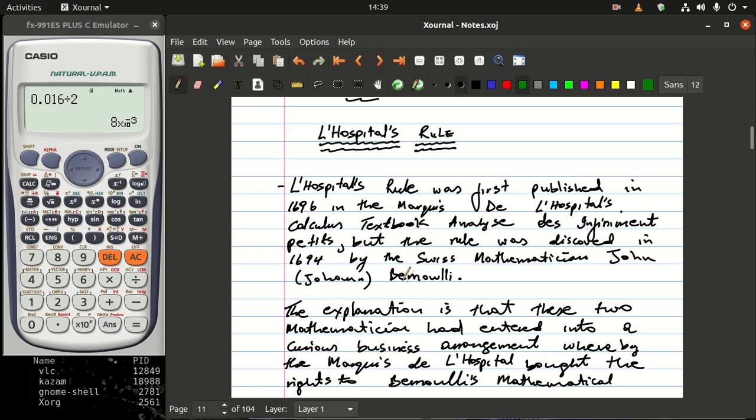This is not about saying this is wrong or right. I just want you to be aware that the person who actually discovered this was Bernoulli, and then L'Hopital acquired the rights to that mathematics and started to include it in his textbook, and we know it as L'Hopital's rule, even though it was discovered by Bernoulli.